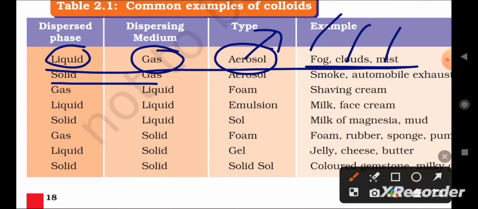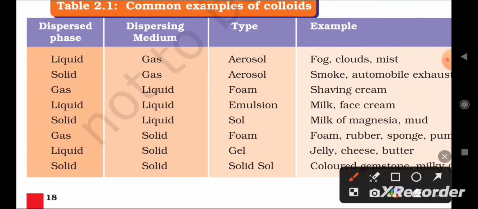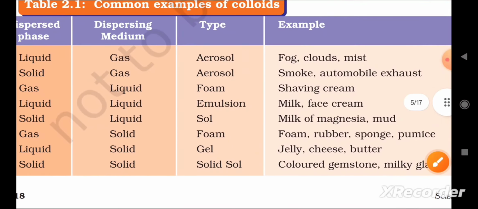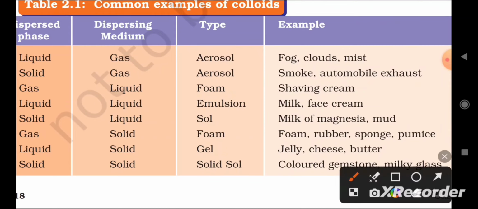Next, solid in gas. If the dispersed phase is solid and the dispersed medium is gas, that is also an aerosol, and it contains smoke and automobile exhaust. Automobile exhaust is the smoke produced from the silencer when we run vehicles, containing carbon dioxide gases. That is called an aerosol solution.